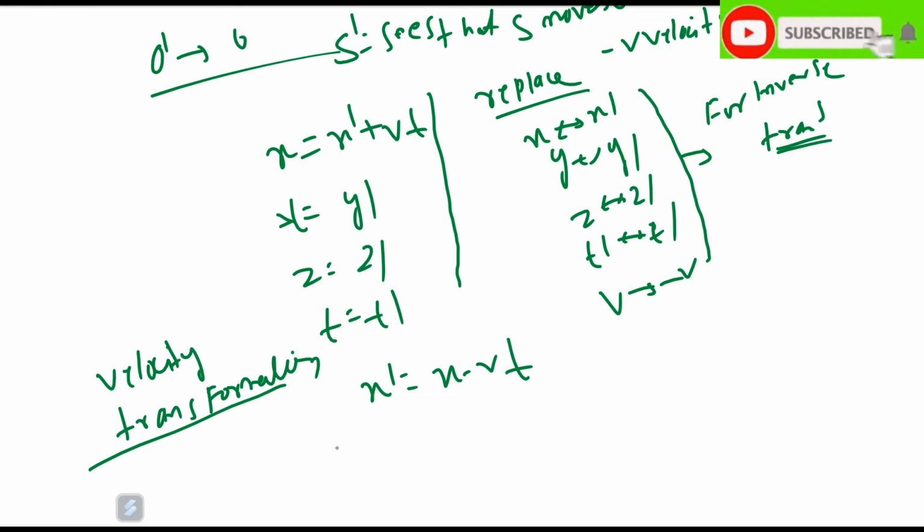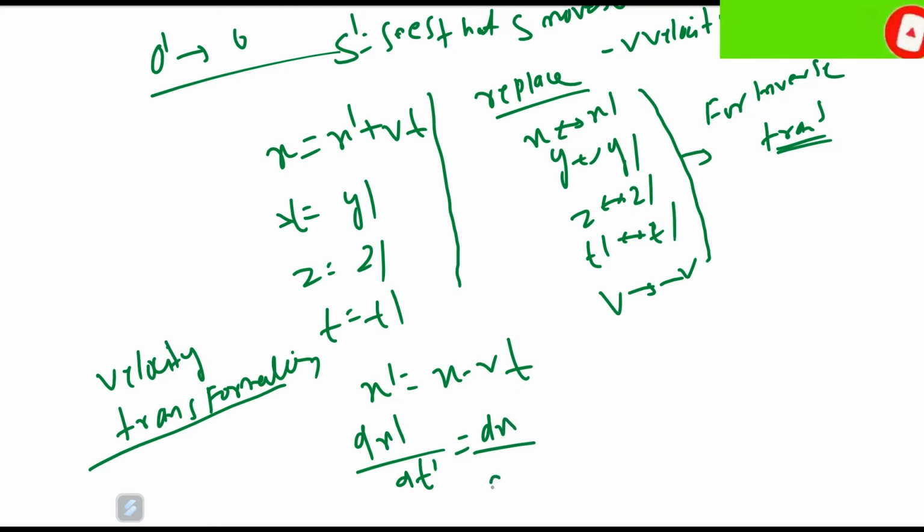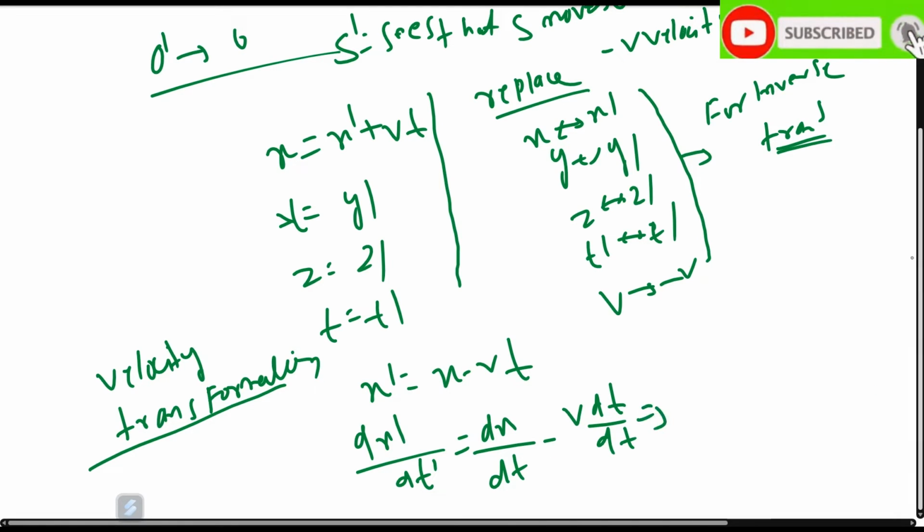So for velocity, we'll take dx prime by dt equal to dx by dt minus v, where v is our constant. So d by dt gives u prime equal to u minus v.